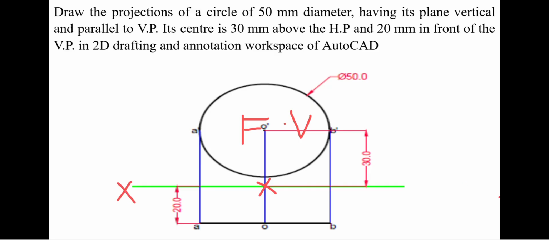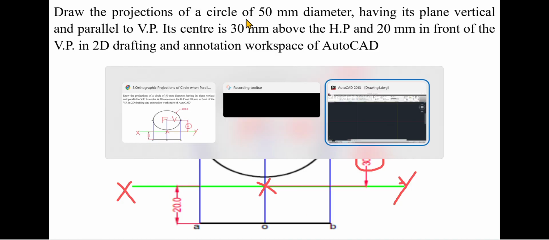This is my XY line. I prefer to construct a point onto the XY line. When I locate a point onto the XY line, it's easy for me to construct the circle, because the distance between the XY line and the center point of the circle is 30 mm. So when I construct the point, it's easy for me to locate my circle.